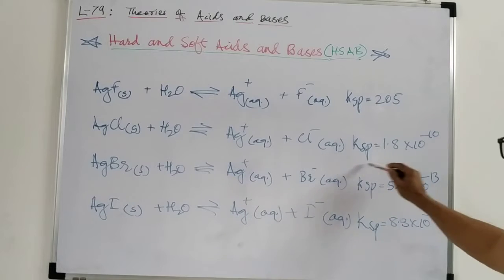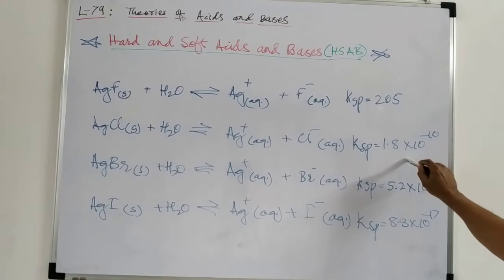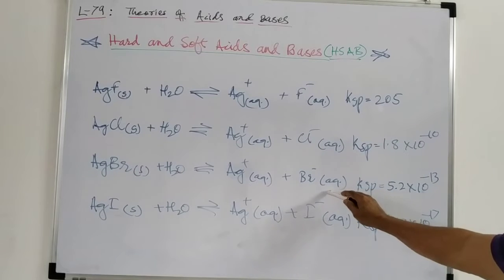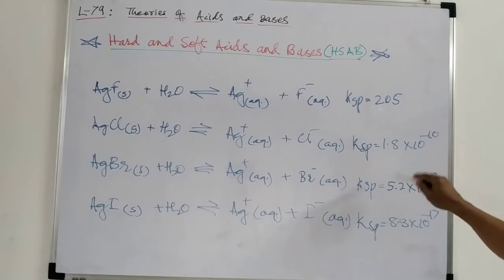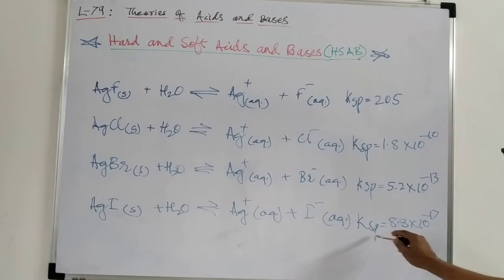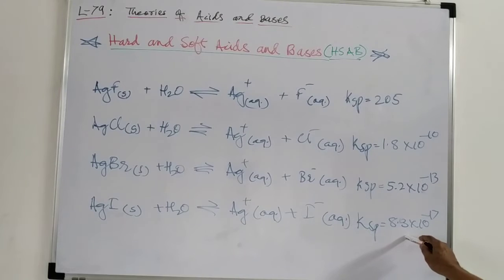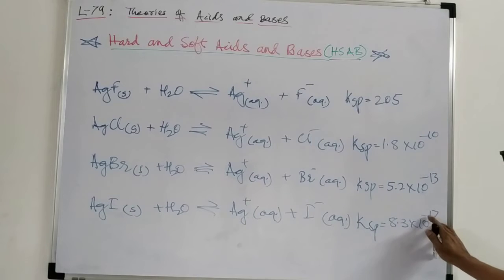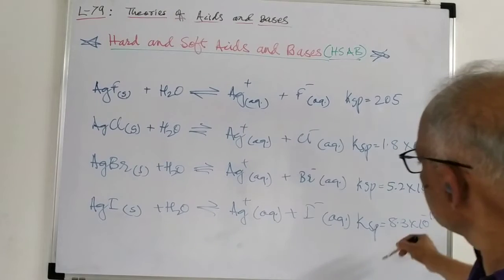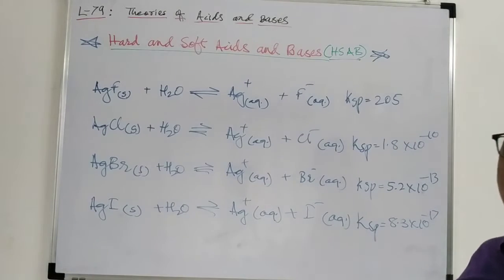In case of AgCl, the Ksp value is lower, it becomes 1.8 into 10 raised to minus 10. In case of AgBr, the Ksp value again decreases. It is 5.2 into 10 raised to minus 13. In case of AgI, the value is again lower. It becomes 8.3 into 10 raised to minus 17. So in this way, the Ksp values are found to be different.